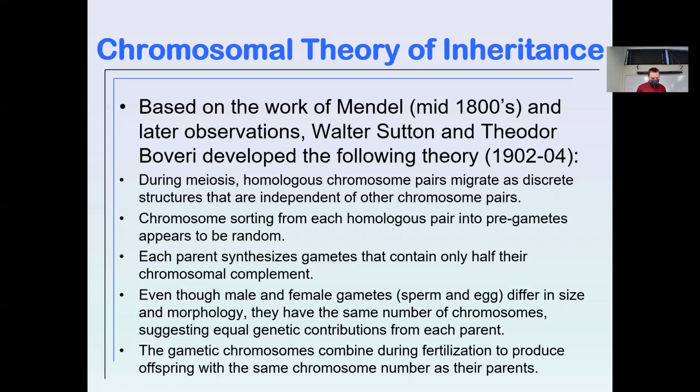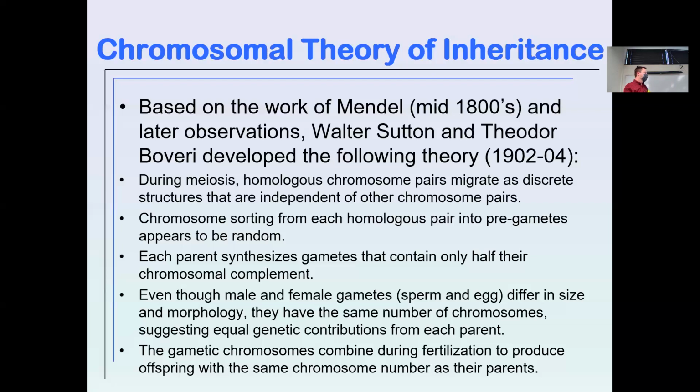So this theory begins to prevail in the early 1900s. We're still not entirely sure, and this is not widely accepted right up front. This is just published as a theory, and it's the first recorded point where we start putting this together: what Mendel observed is being passed on through chromosomes.